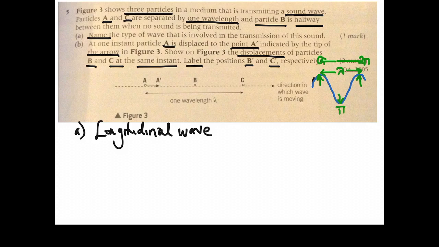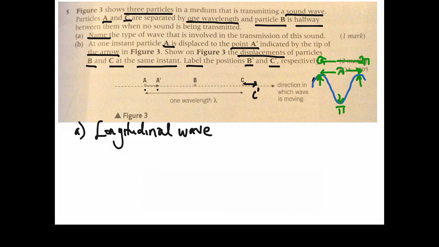So if we have to draw C, we know that C will be going in the same direction as A, and we denote that the displacements are being denoted by the size of the arrow A to A dash. So therefore, the size of my amplitude of C will be the same size, and that is C dash.